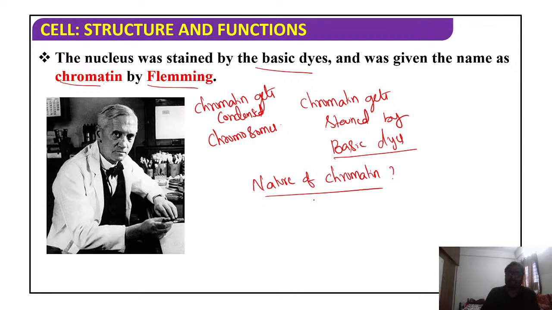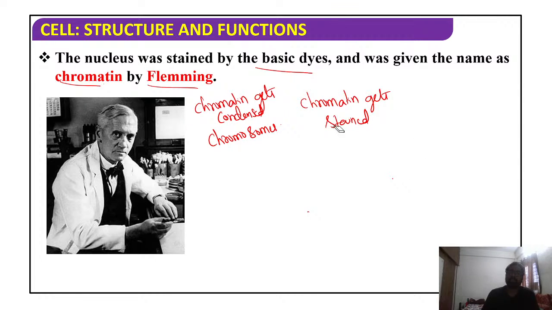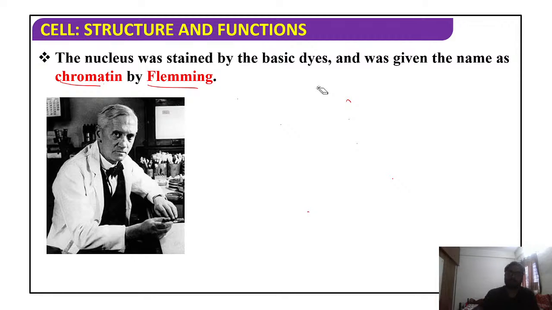So obviously the nature of chromatin is acidic. That's the reason why, students, we are using basic dyes. So this was given by the scientist Fleming. You can have a picture on the screen.